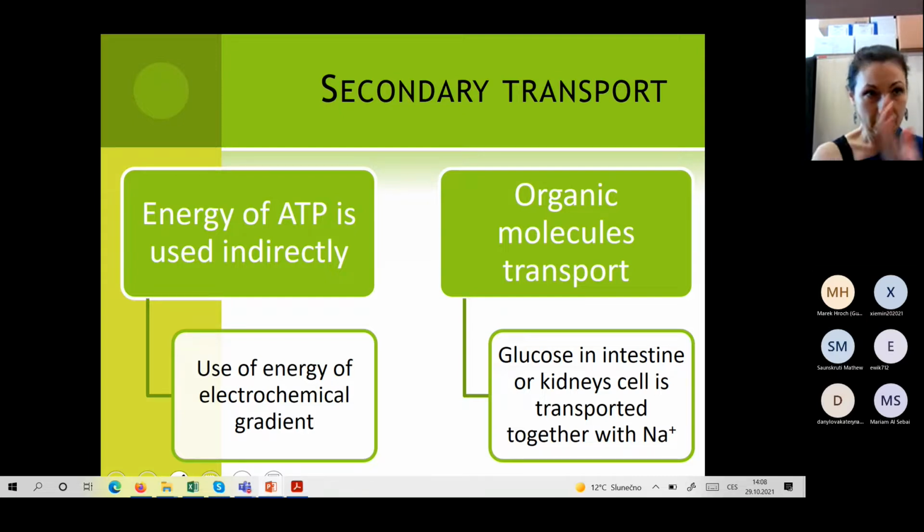So we will push this car without fuel up the hill and leave it there, and then down from the hill the car can go without our support. This is the same mechanism. We accumulate the work for further utilization. An example is the transport of glucose in the intestine or kidneys, which you saw in the video.